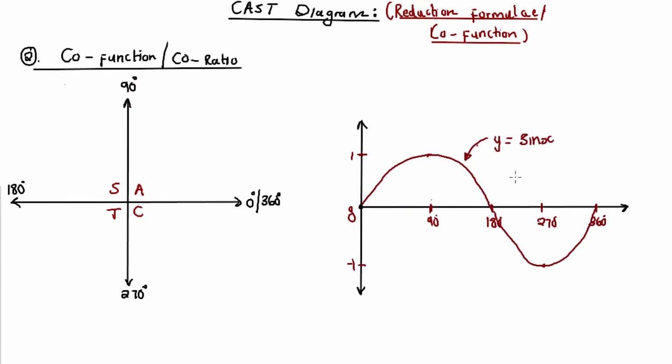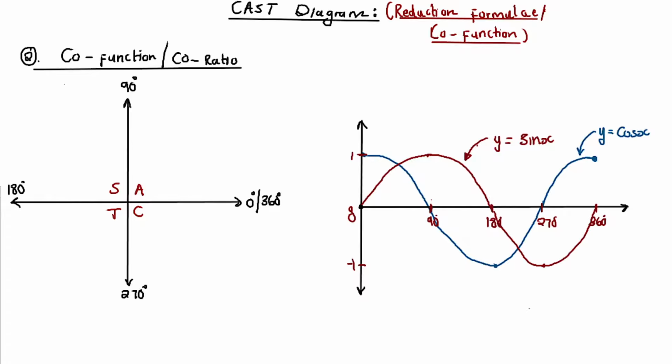So we have a sine graph here. This is what we refer to as a sine graph. Let me also plot the cosine graph on the same system of axes.